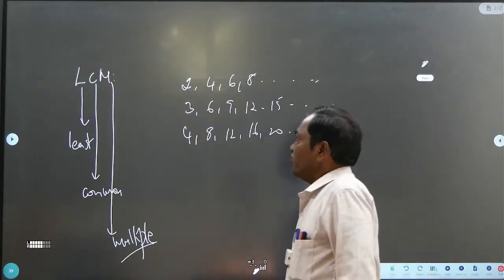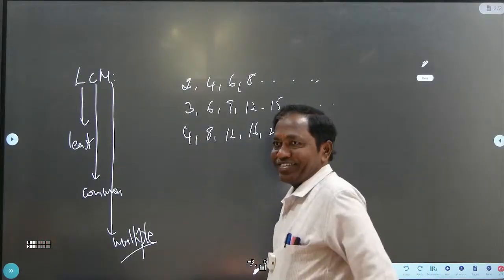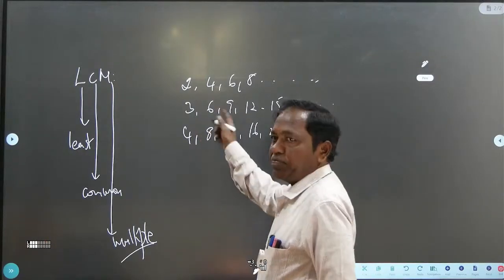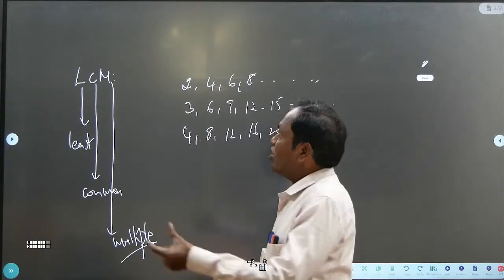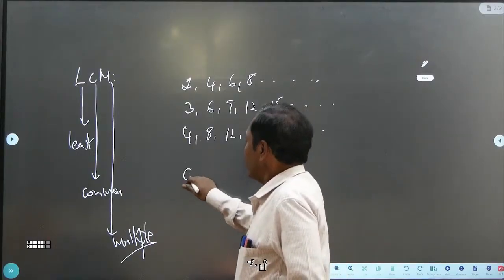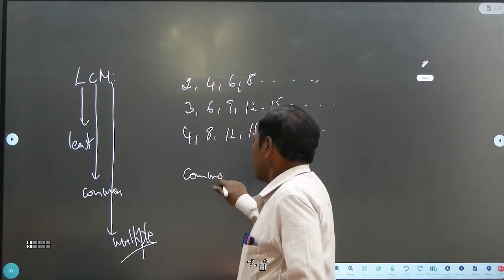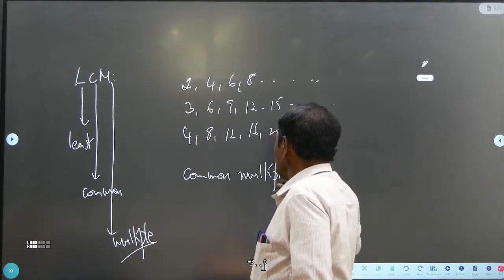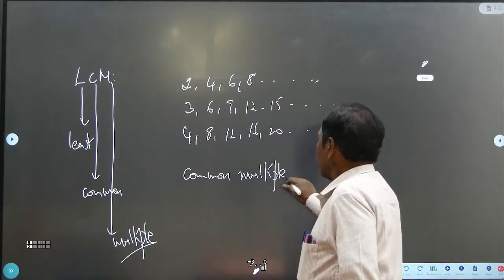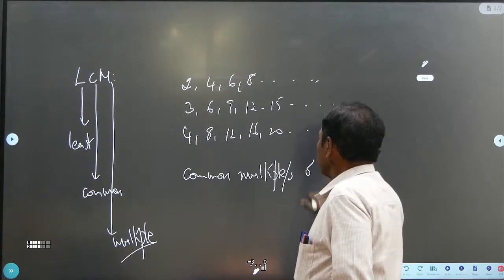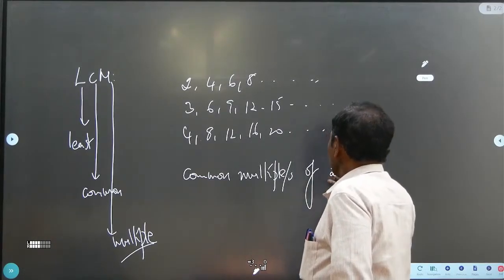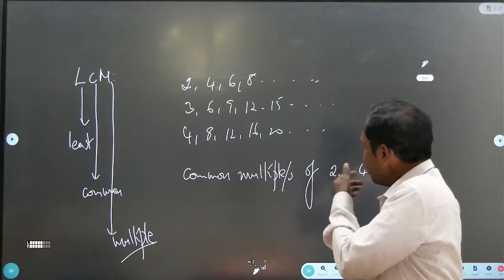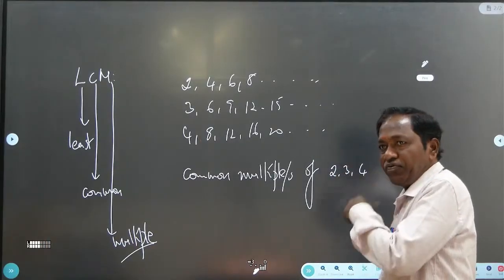Now, we can say the common multiples. This is the multiples of 2, multiples of 3, multiples of 4. Common multiples of 2, 3, and 4.